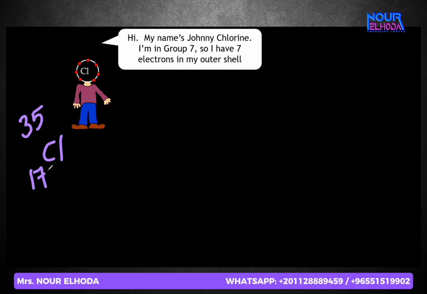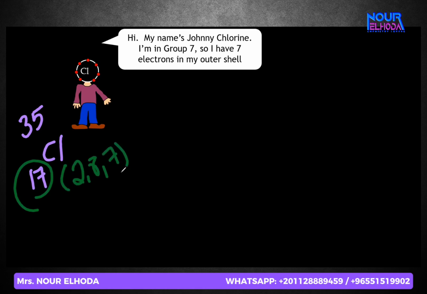It's 17. This is the number of electrons for sure, not 35. Okay, 17 means the electronic configuration is 2, 8, 7.